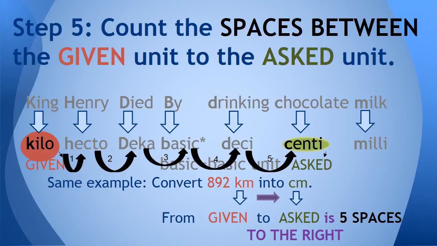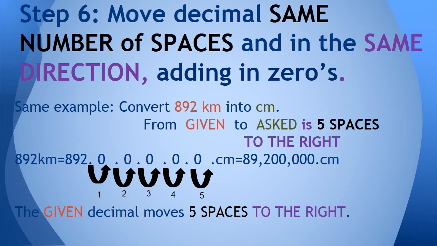So kilo to hecto is 1 space, hecto to deca is a 2nd space, deca to basic is a 3rd space, basic to deci is a 4th space, deci to centi is 5 total spaces between your given unit kilo to your asked unit centi. So from the given to the asked units, it's 5 spaces to the right.